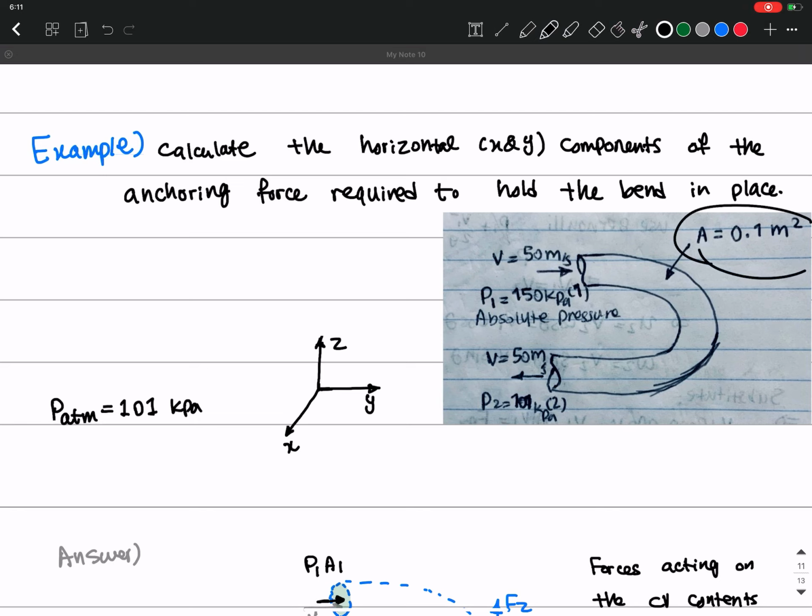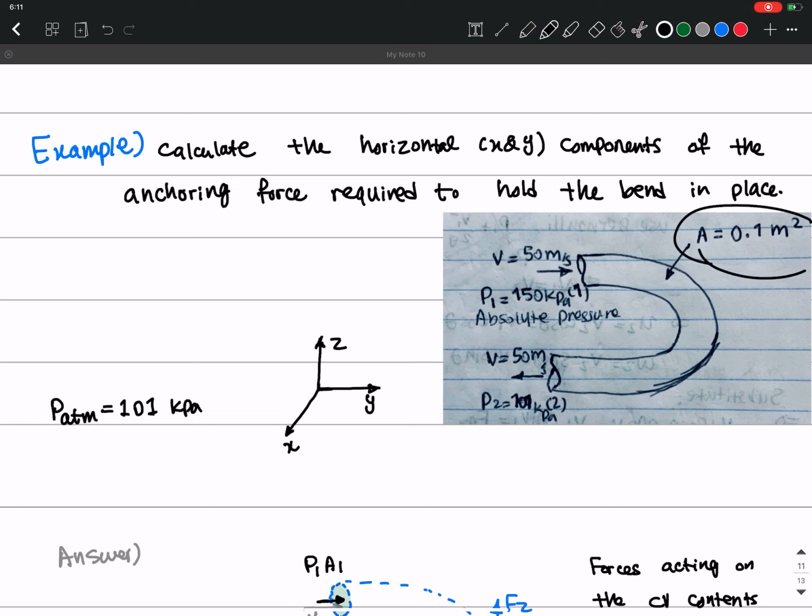And rho, I can assume we have water here, which is 1,000 kilograms per meter cubed. So this gives us 1,000 kilograms per meter cubed times A1, 0.1 meter squared, times V1, 50 meters per second, equals 5,000 kilograms per second. So this is the mass flow rate.